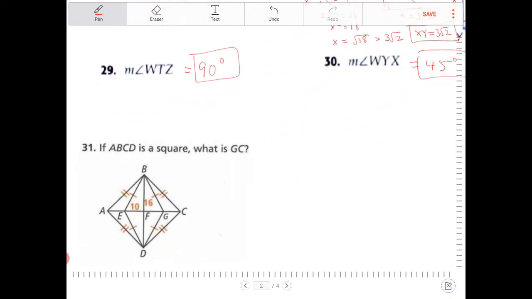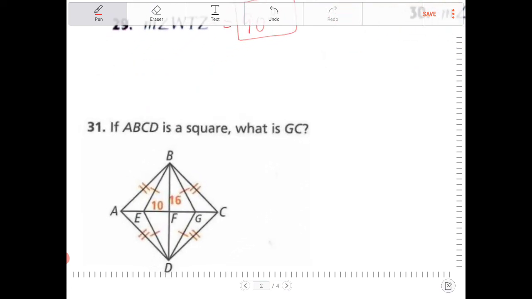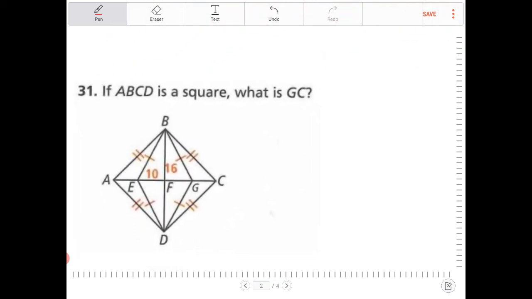Okay. Question 31. ABCD is a square. What is GC? So ABCD is a square. BEDG is a rhombus.